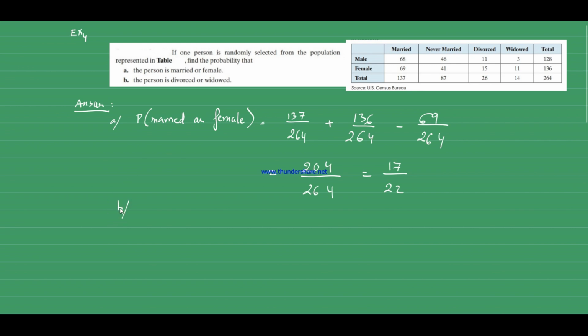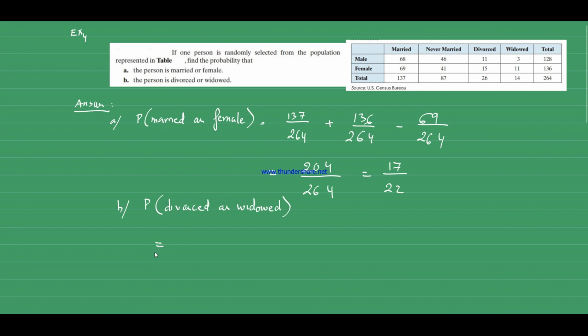B. A person is divorced or widowed. Divorced or widowed. So we see that there is none of the females or males who is divorced and widowed at the same time. So there's nothing in common. So this is an exclusive event, divorced or widowed. So there are two separate ones.